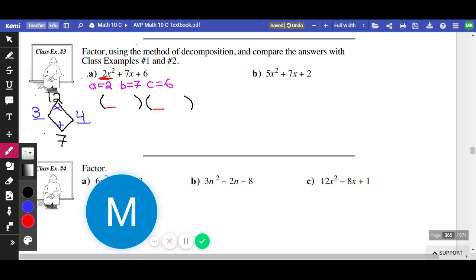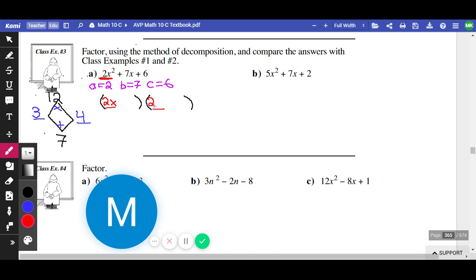That means one of these binomials has to be 2x and the other one has to be 1x. Right? That would make sense because if they multiply together, it would be 2x squared. Follow a little bit? Okay, here's the problem. We don't know which binomial has the 2 in it. So what we're going to do is make both of them 2x.